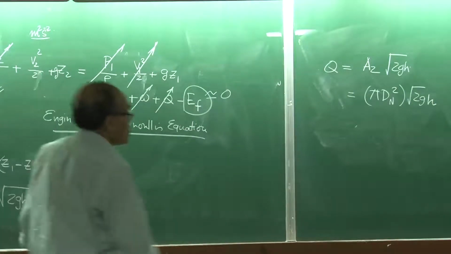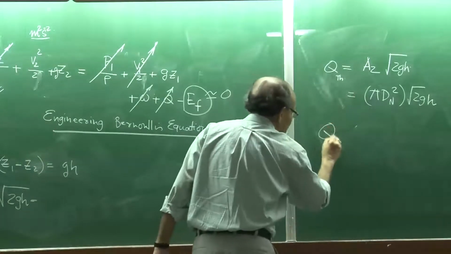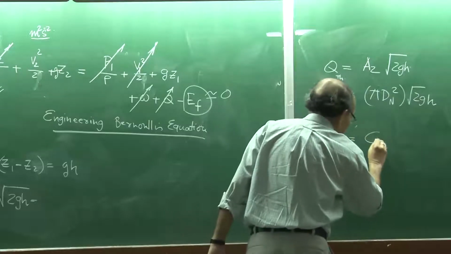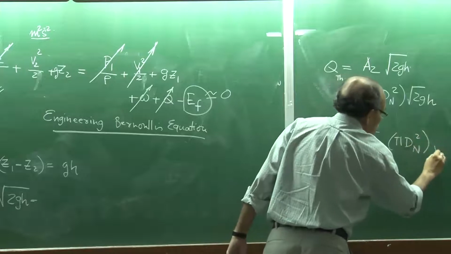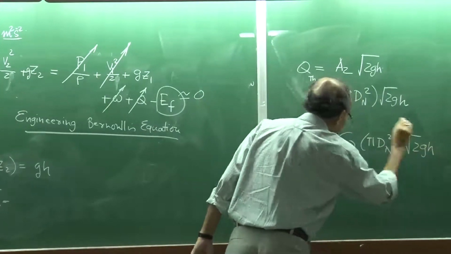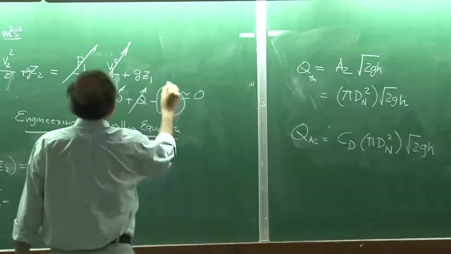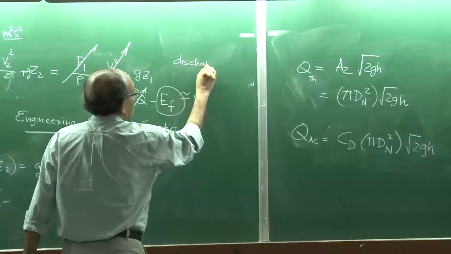This is Q theoretical, and we will say Q actual, that will require in industrial flows a parameter in which CD represents the discharge coefficient.